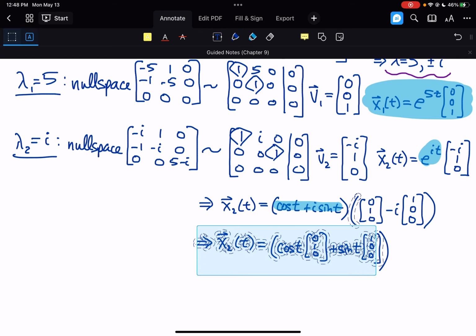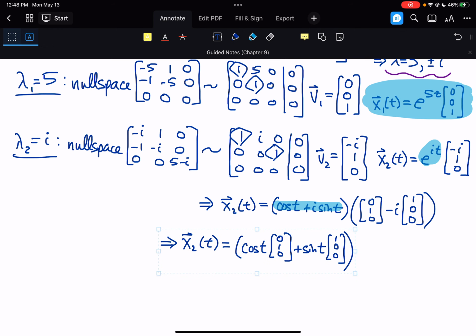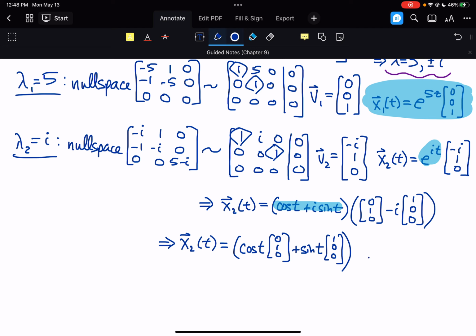So we get then plus the other components will be times i. That would be the outer and the inner, where you get the i popping up. So that's going to be negative cosine of t times 1, 0, 0 plus sine of t times 0, 1, 0.